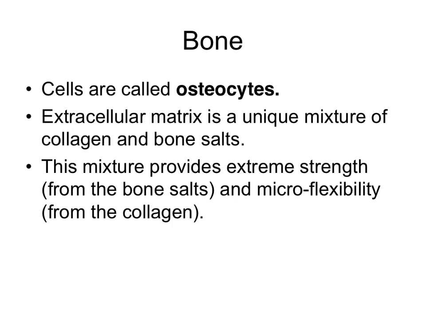Okay, bone. The other kind of supporting connective tissue is your bone. The cells are called osteocytes. Okay, the extracellular matrix is hard. It's also flexible, though. It has micro flexibility because of the collagen fibers that are in your extracellular matrix.